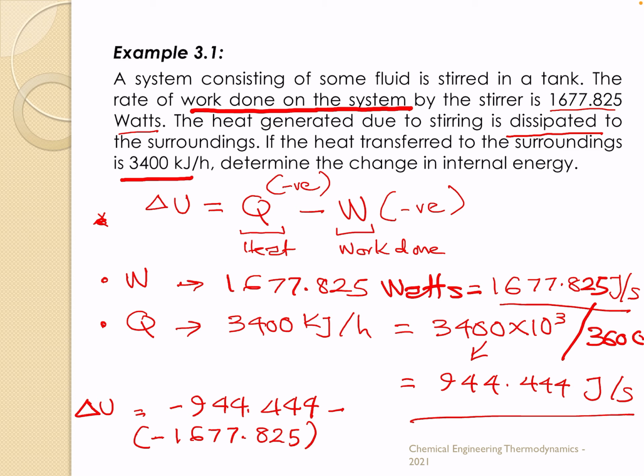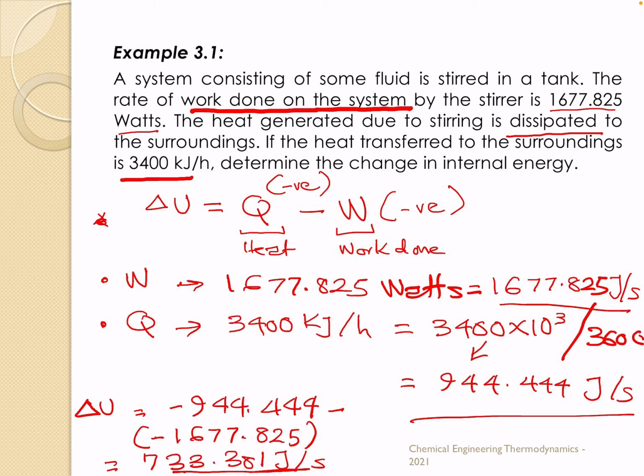Minus times minus becomes plus. If we punch that into our calculator, we should have minus 733.381 joules per second. Take note of that.